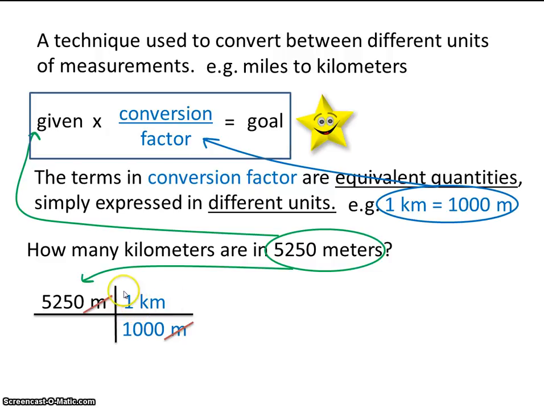Of course, you don't really have to multiply by 1, so do 5,250 divided by 1,000. What you'll get is 5.25 kilometers. This conversion factor has an infinite number of sig figs, and this number has 3 sig figs, so our answer has 3 sig figs.